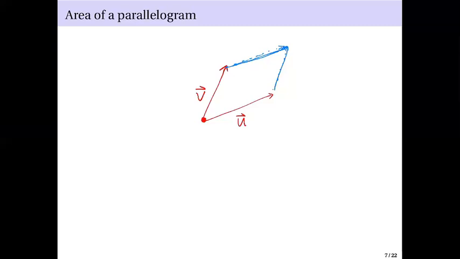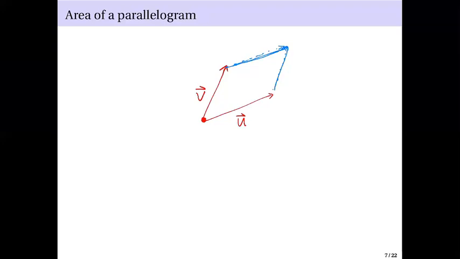So how do we calculate this area? Remember, if you have a parallelogram, the area of the parallelogram is equal to the length of the base times the corresponding height.